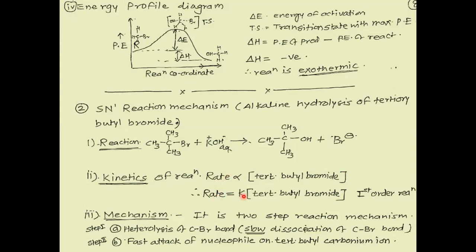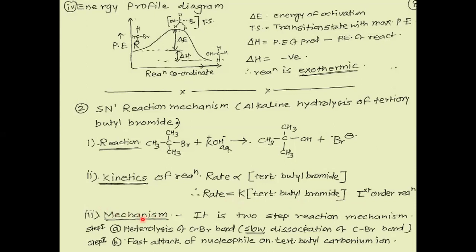So rate is equal to K, the proportionality constant, into the concentration of tertiary butyl bromide. Only one molecule is involved in the rate determining step, so this is a first order reaction. About order and molecularity, we will study in chemical kinetics.